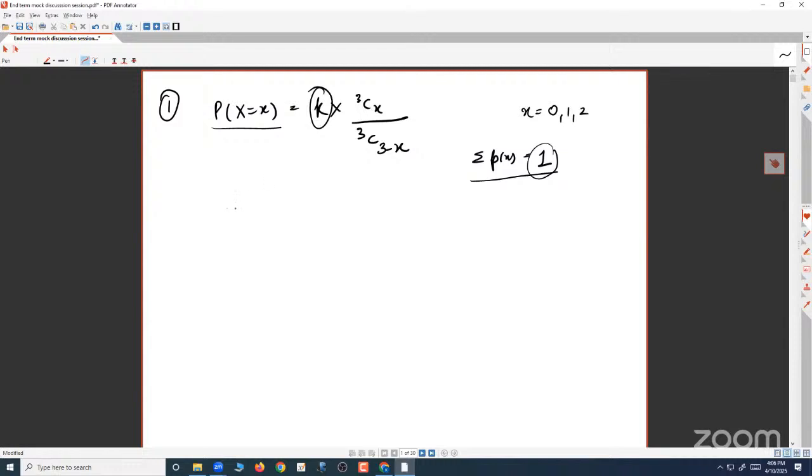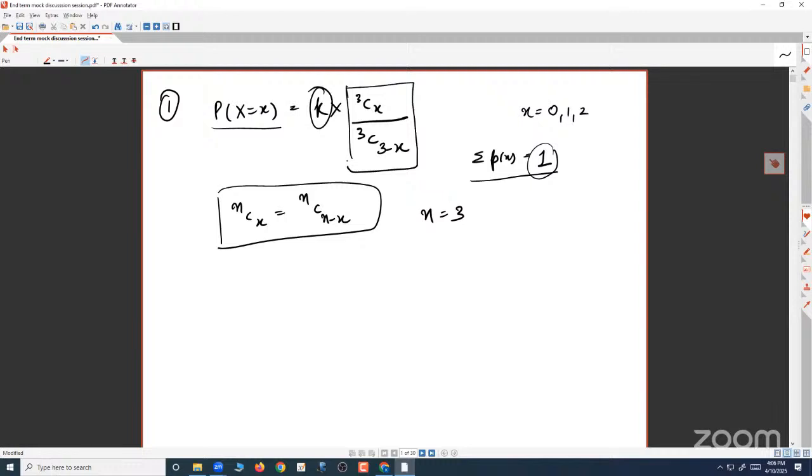Now, if you remember one thing, nCx equals nC(n minus x). Do you remember this? Yes, ma'am. So if you see here, n is 3. This is basically 3Cx equals 3C(3 minus x).